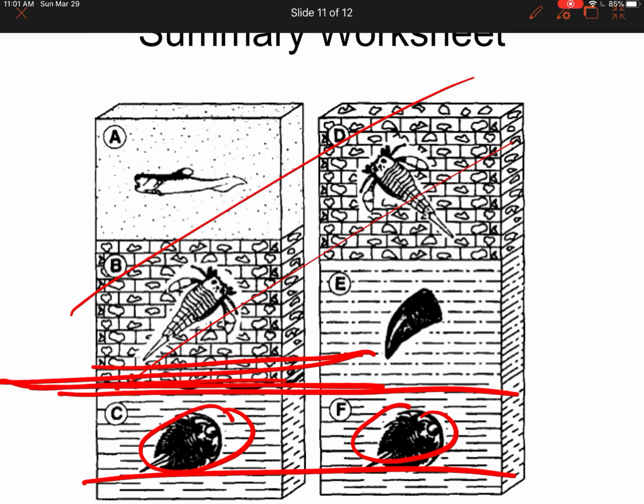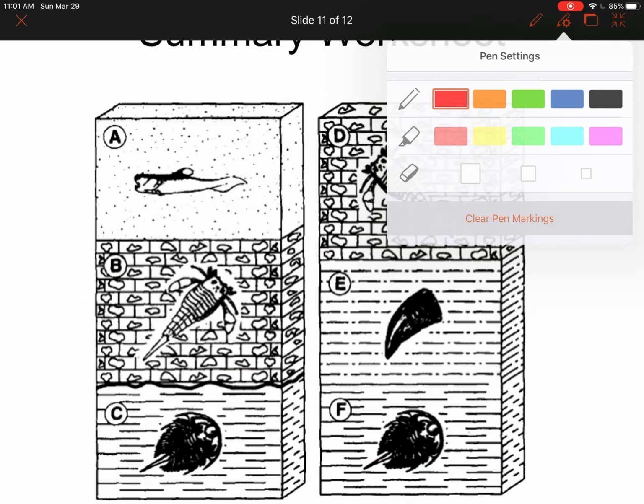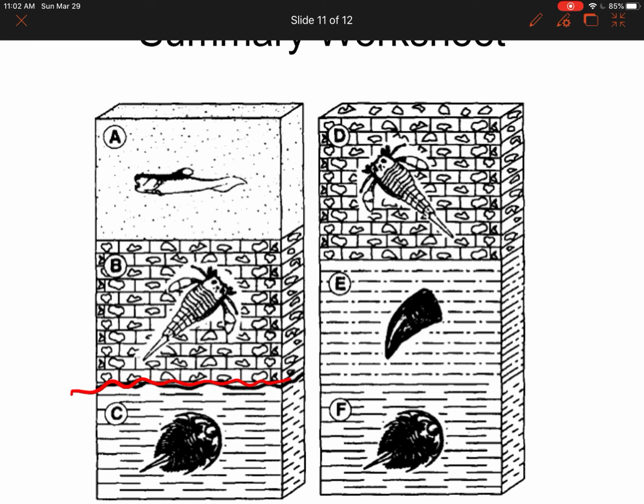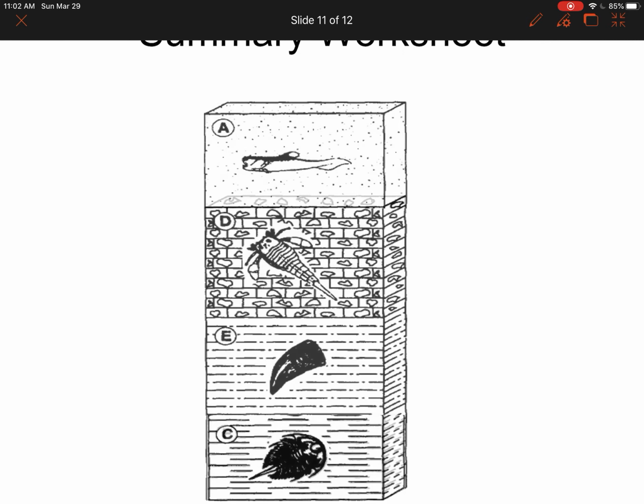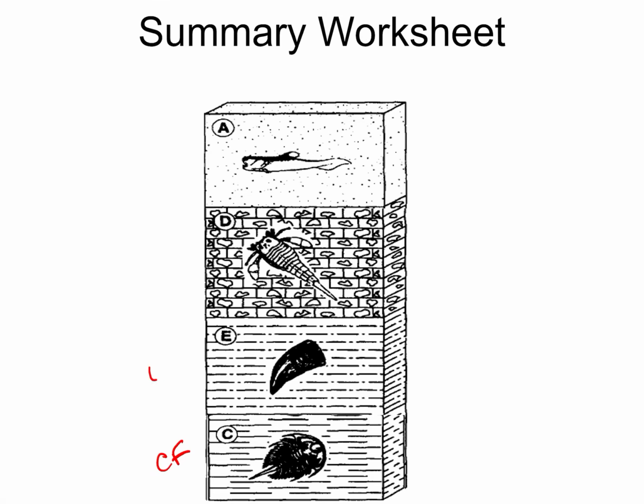And if you saw, I'll take away the ink for a second. That squiggly line represents an unconformity. So what layer do you think was removed? E. All right, so if we did continue and overlay them, it would look like this. This is basically C and F. Here's E, here's B and D, which were the same, and then you had A.